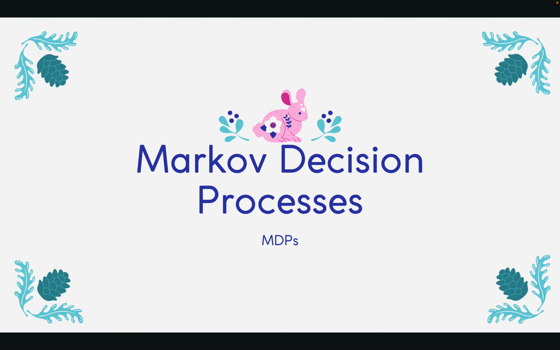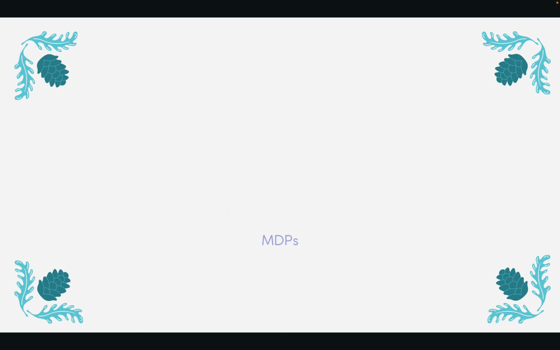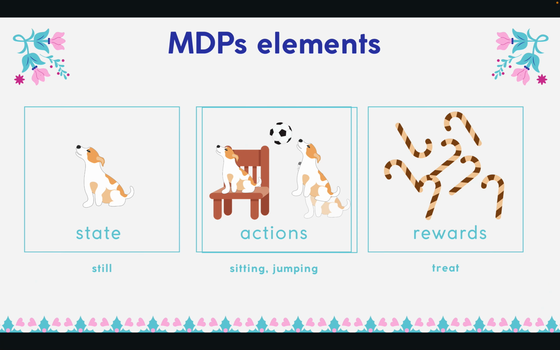Okay, so now you understand a little bit more about reinforcement learning. I want you to understand an important concept called Markov decision processes. So let's go to Markov decision processes.